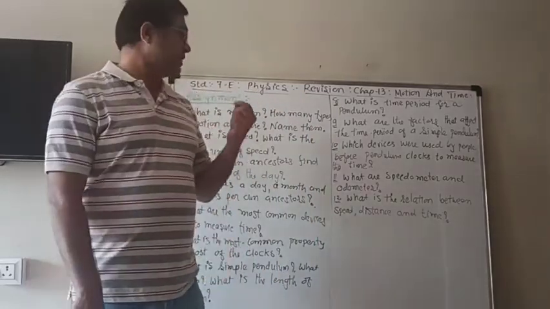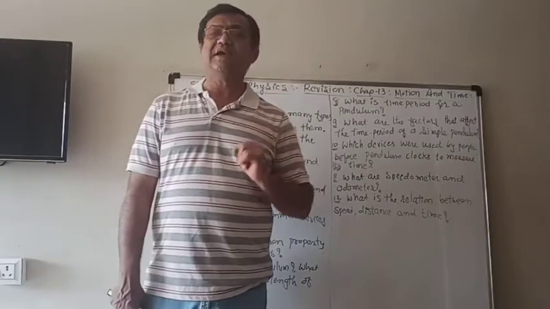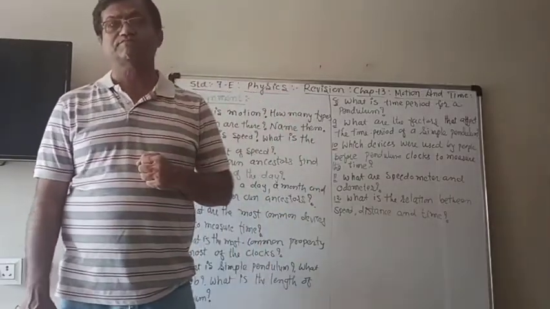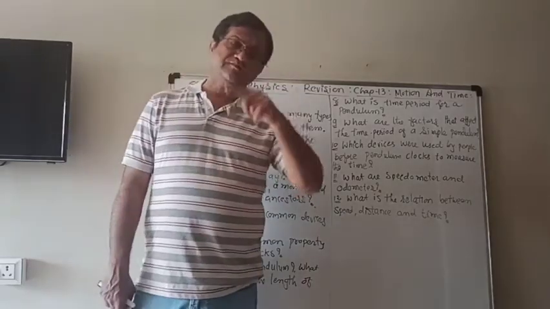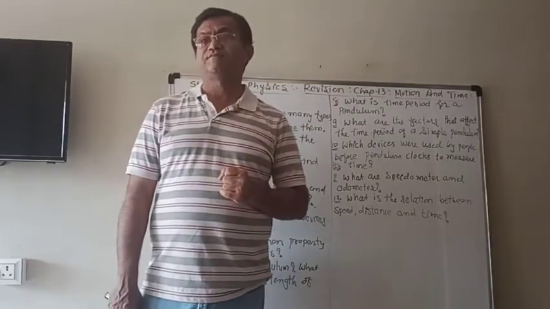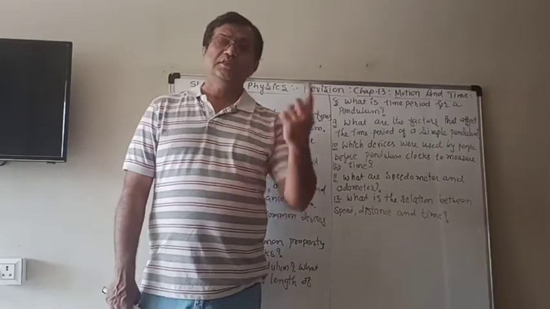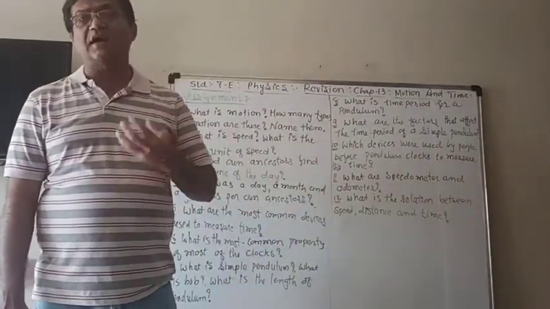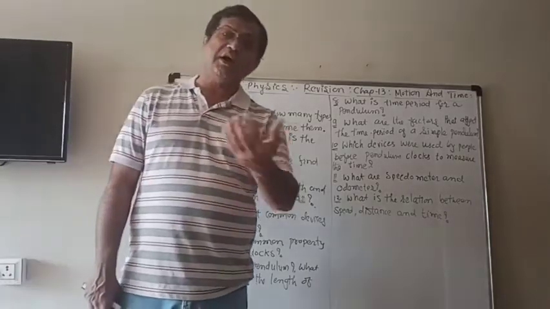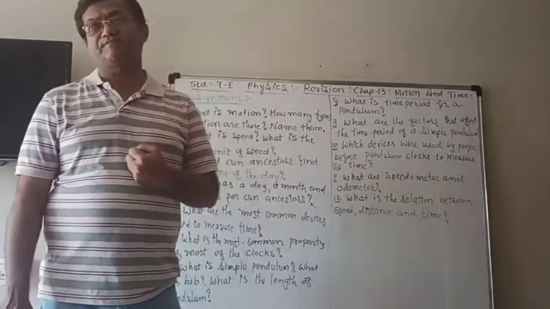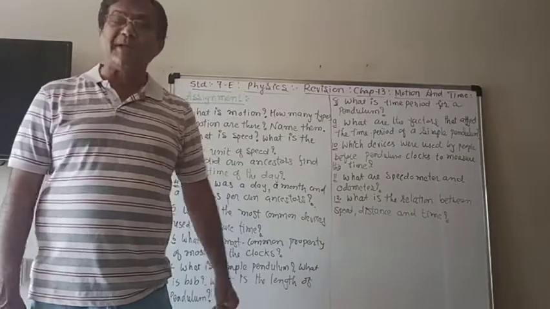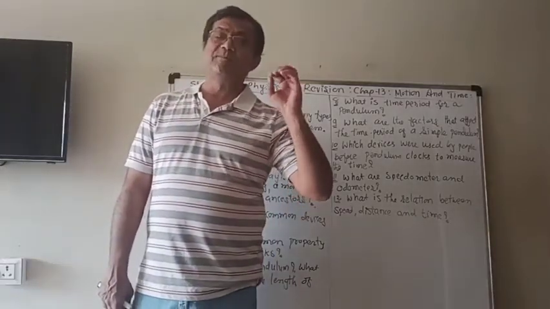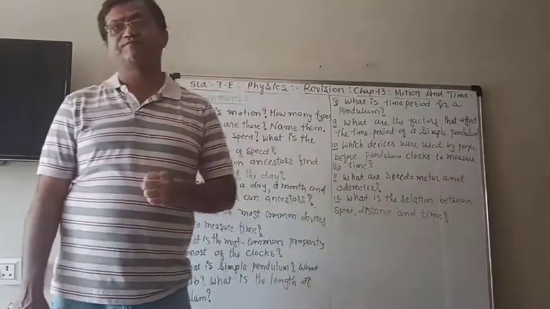What are the examples of periodic motion? The hands of the clock, then the motion of earth around the sun or the moon around the earth, motion of pendulum, etc. are the examples of periodic motion.